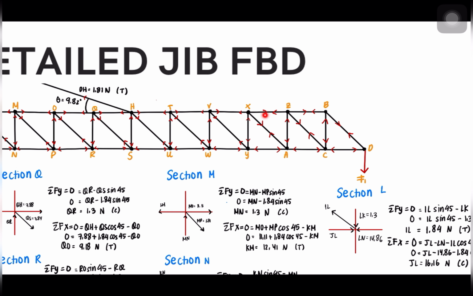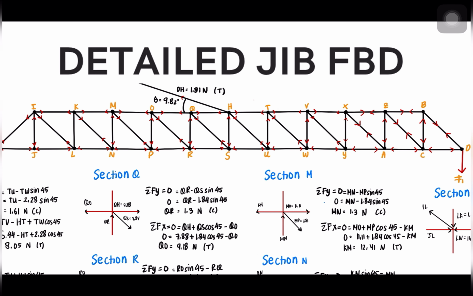And then for the upper horizontal line, it is going away from the pin, so it is tension. But the bottom line of the member, it's going towards the pin, so it is compression.